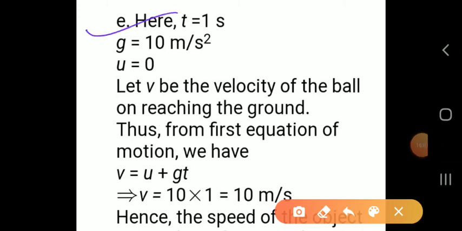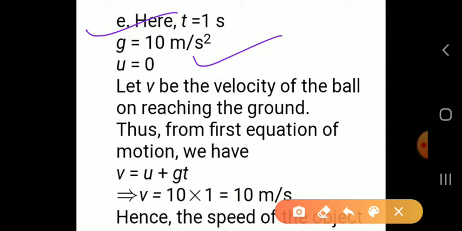This is for E. So here t is given equal to 1 second. g is how much, children? 10 meter per second square, and u, that is the initial velocity, is given as 0 here. So let v be the velocity of the ball on reaching the ground, that means it is the final velocity. Thus v is always the final velocity.